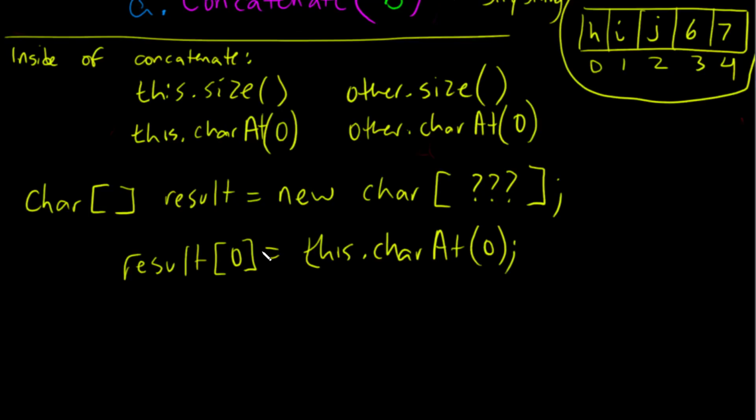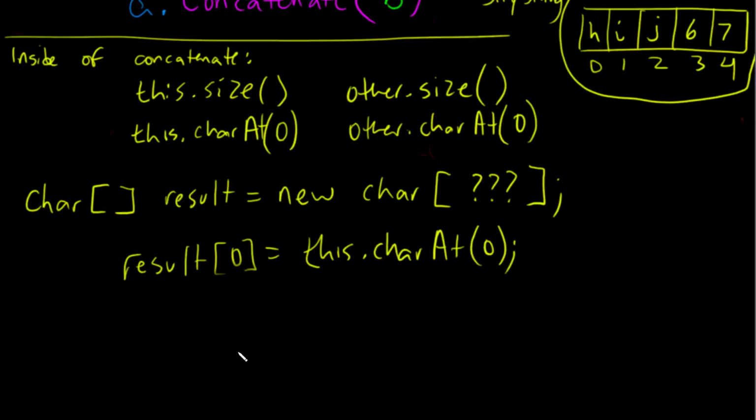Right? So that's something we're used to seeing at this point. One of the cool things about array indices is we can substitute a variable here, right? So if you put this inside of a loop and you say result[i] is assigned this.charAt(i), we know that Java will assign to each successive element some value.